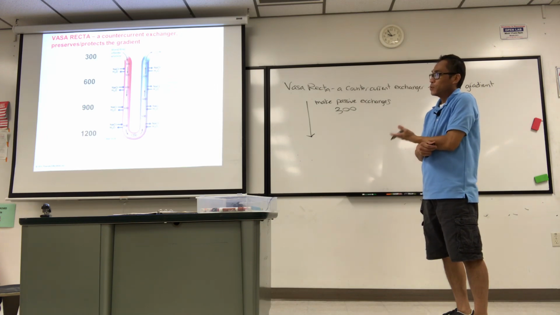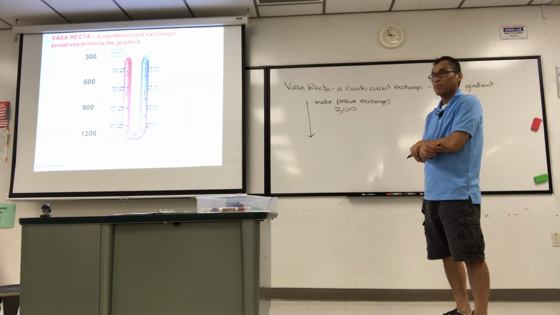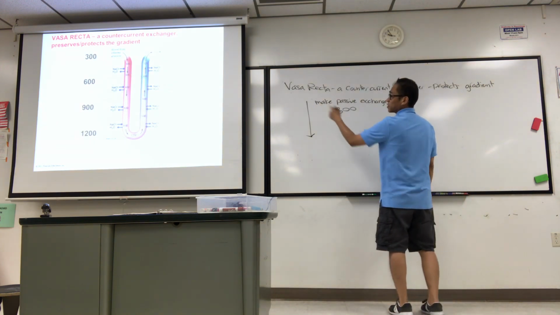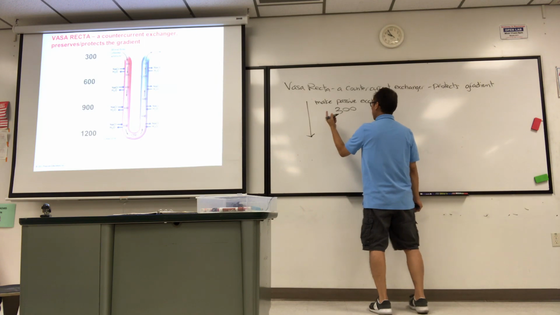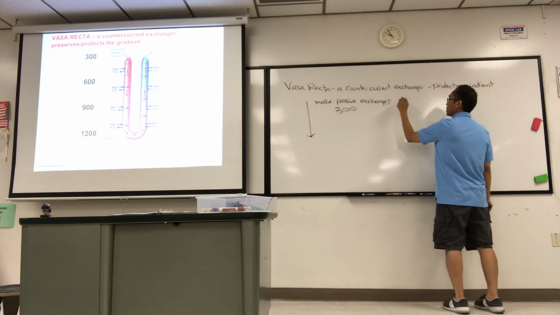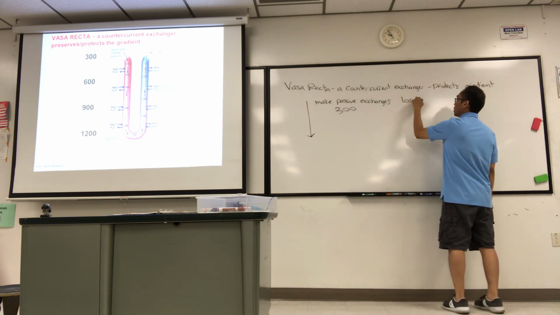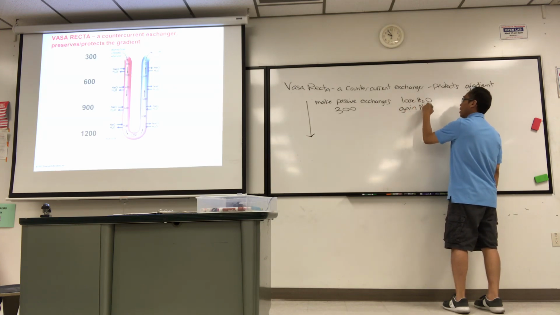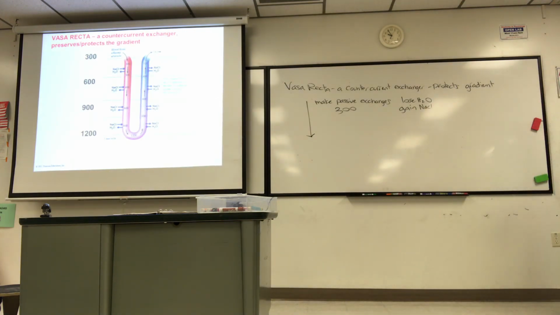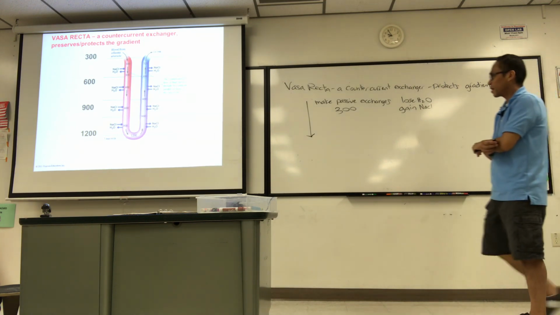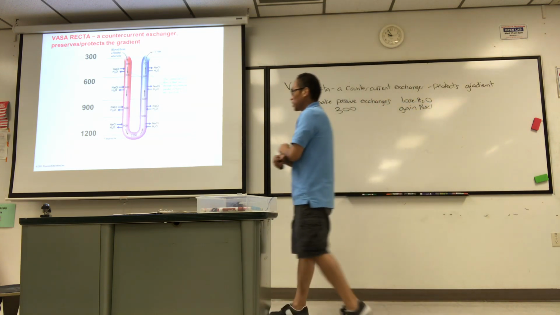So it's losing water and gaining salt. Capillary beds, these things can flow down their osmotic gradients. And you're also getting the gas exchange too, but I'm not focusing on that. I'm focusing on the concentration of the blood.